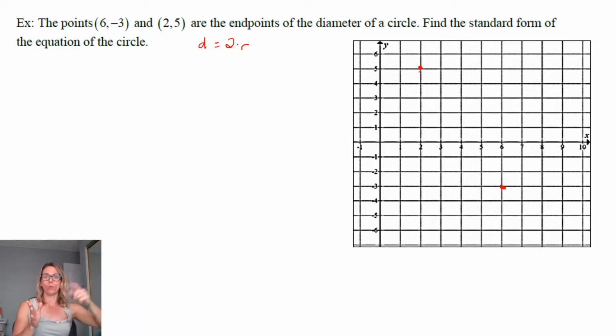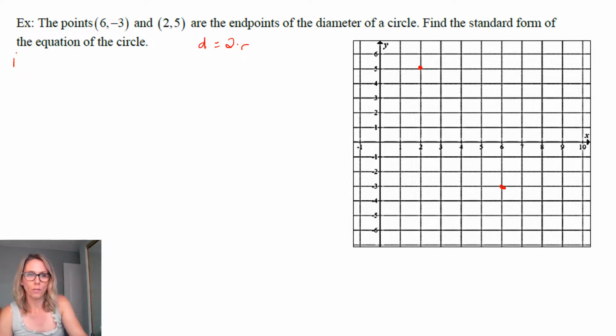And because we know that the radius is an equal distance to any of the points on the outside of the circle, this means that the midpoint of those points will be the center, and that will allow us to find the radius.